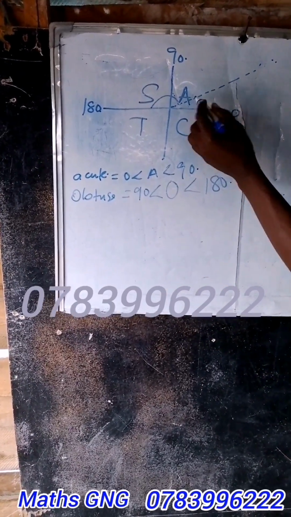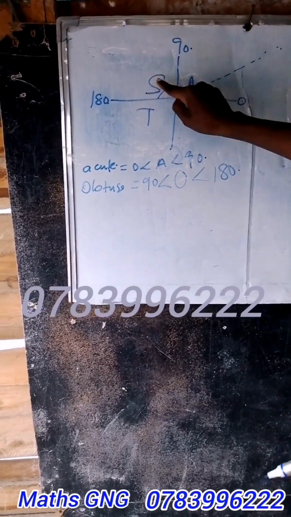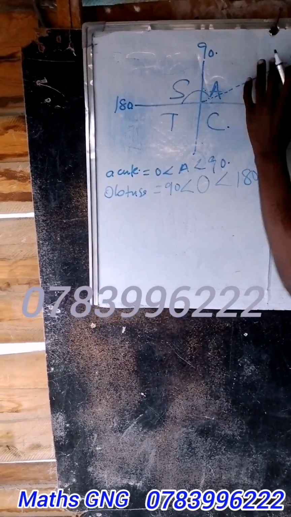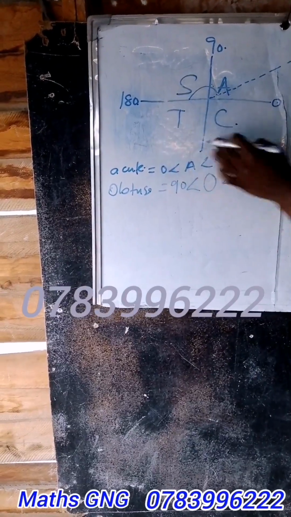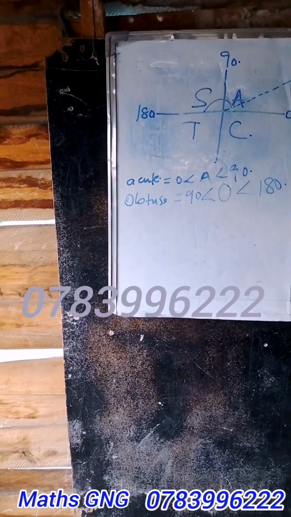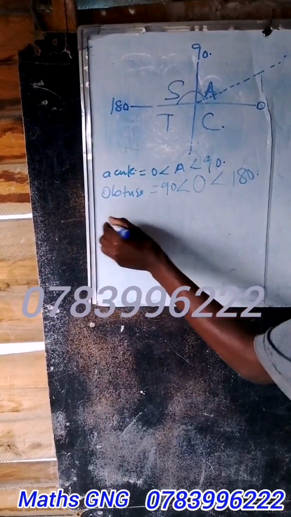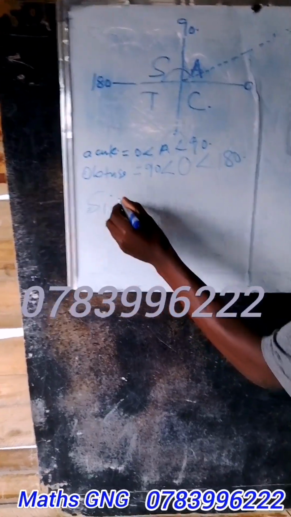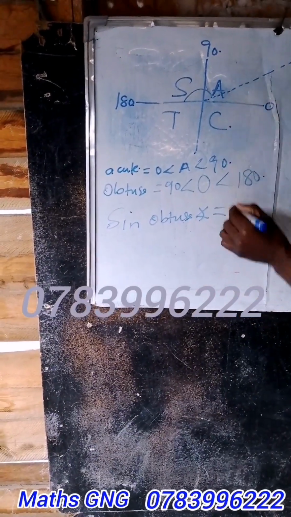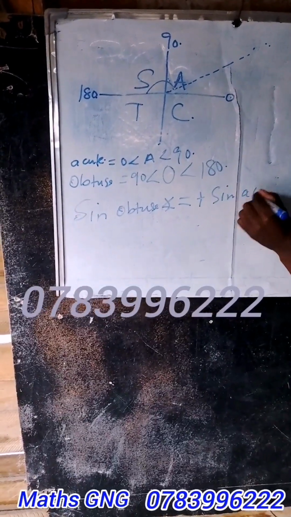So here, this abbreviation is ASTC. In the first quadrant, all ratios sine, tan, cos are positive. The sine of an obtuse angle is equal to the positive sine of the acute angle.